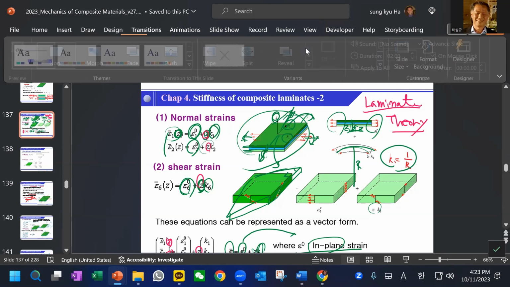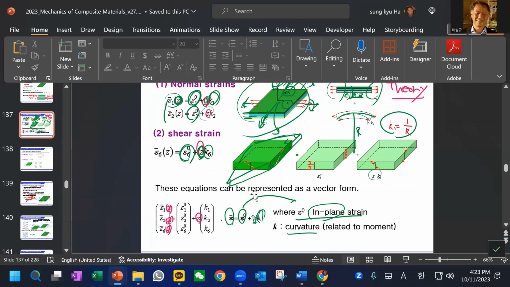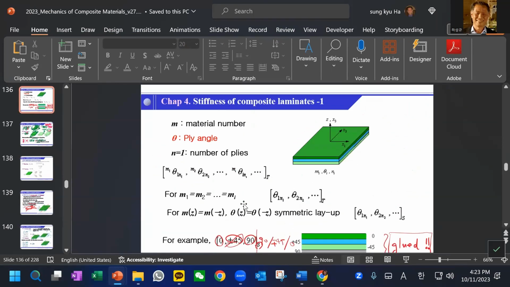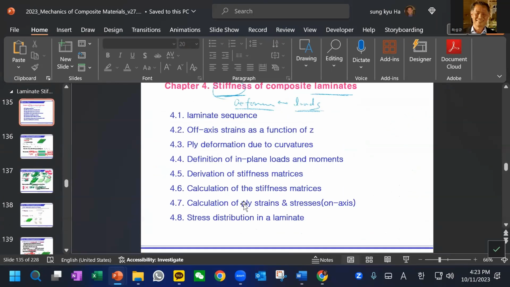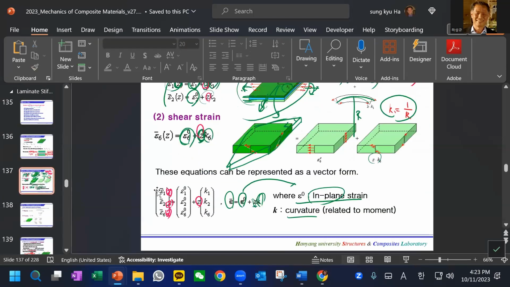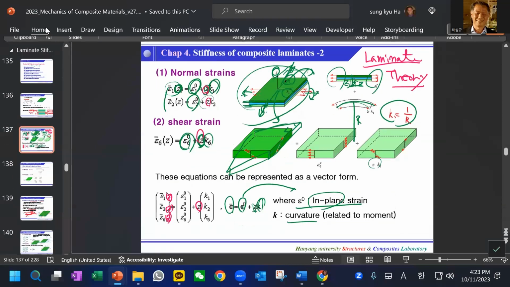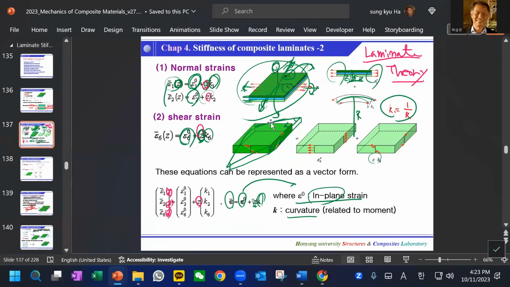So in short, you can write this one. Well, if you don't feel comfortable with this vector form, it is still okay. You just need to understand this equation: one-directional and two-directional and shear deformation, and the only thing is that this is z.